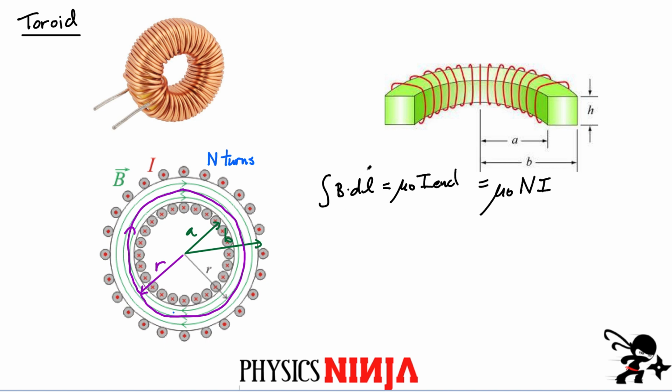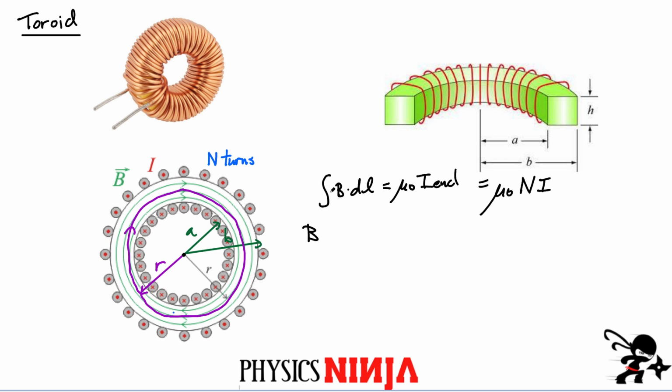Now for the left-hand side of Ampere's law. If I'm a certain distance away from the center of the toroid, the magnitude of the magnetic field is going to be a constant value. So this simplifies, because if anything is constant, I can take it out of the integral.